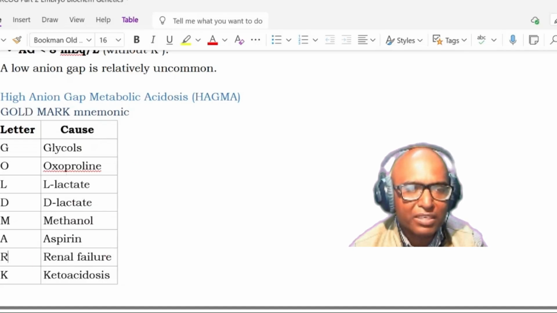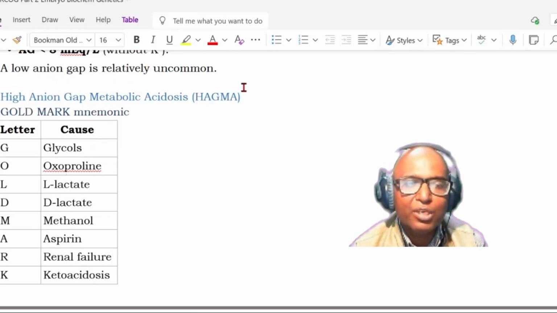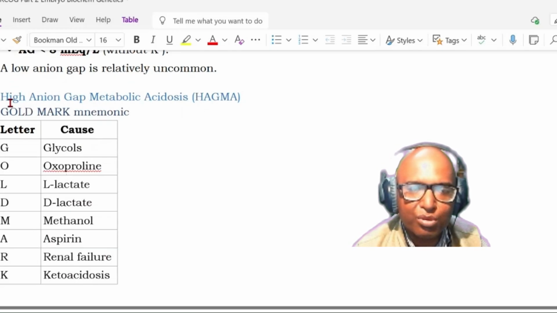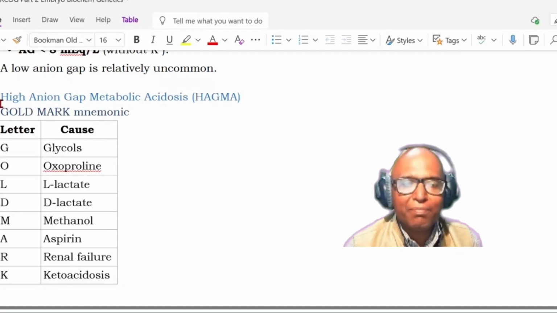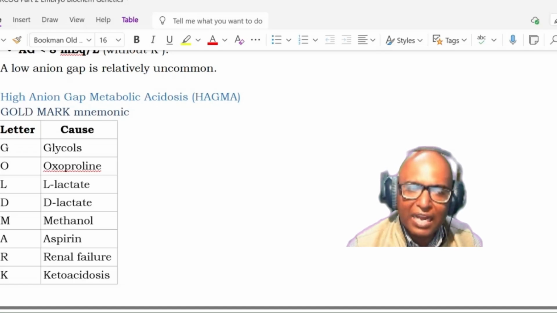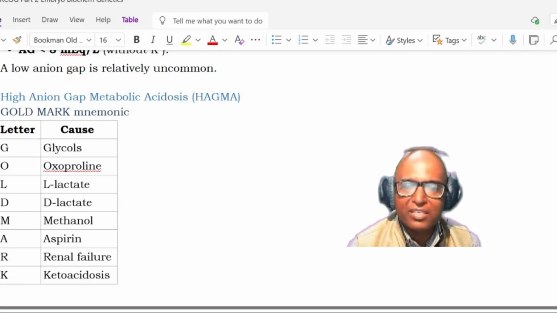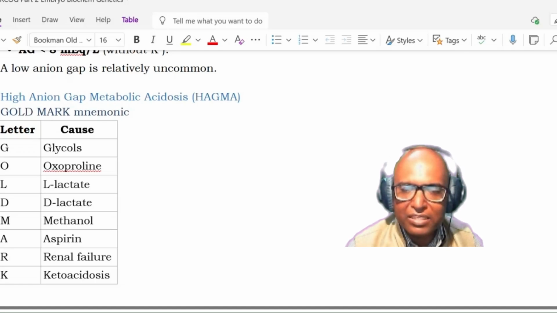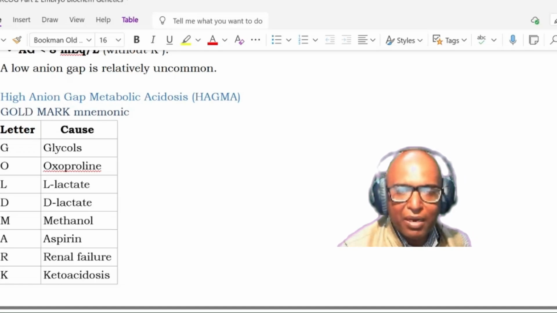In most of these cases you will have a high anion gap metabolic acidosis, and only when you have metabolic acidosis do you look into whether the anion gap is high or normal. Low anion gap is not very common. So whether the anion gap is high or normal, that is HAGMA or NAGMA.